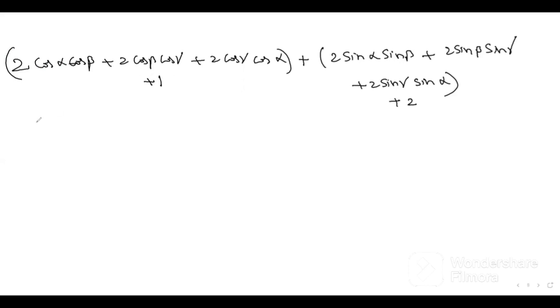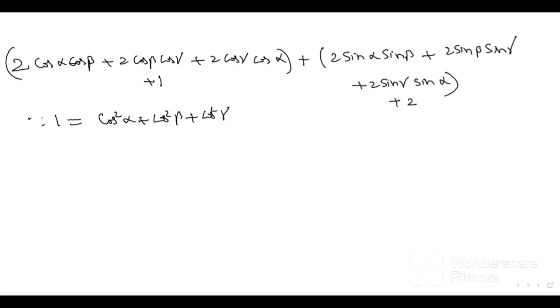Okay, we have one formula. Here one formula is cos square alpha plus cos square beta plus cos square gamma. Here cos square alpha plus cos square beta plus cos square gamma, how much is the value? 1.